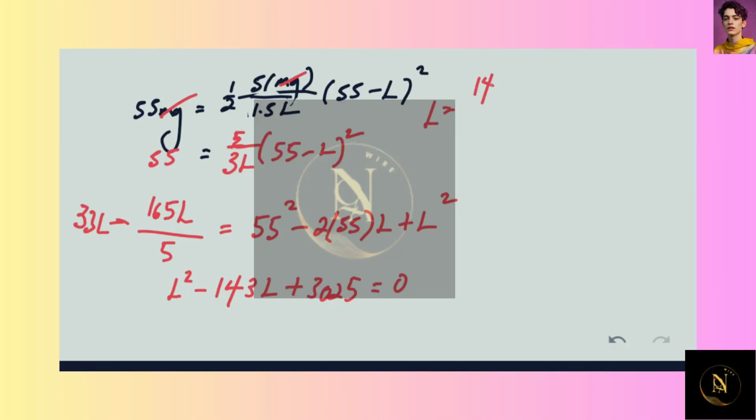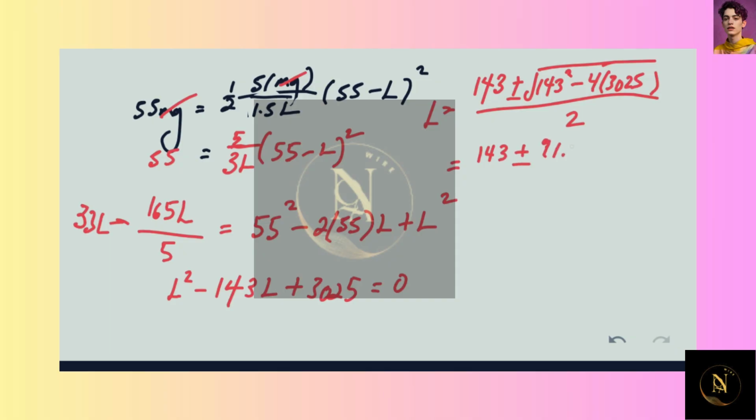So we have negative b plus or minus the square root of b squared minus 4ac, divided by 2a. So we have two answers over here.